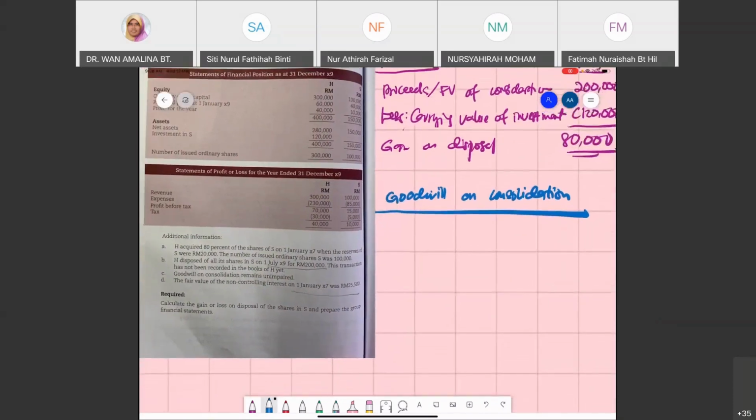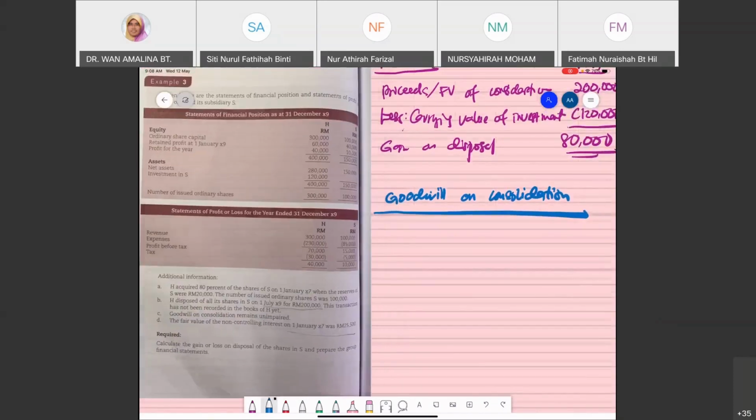We need to have goodwill. So goodwill dalam buku ni, they show you how to prepare goodwill if it is partial and it is also if it is full goodwill. Of course, the non-controlling interest will be different.